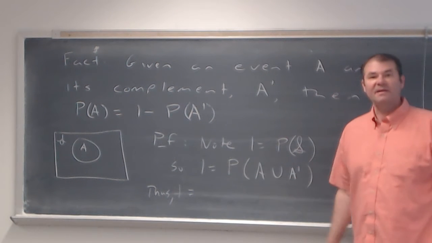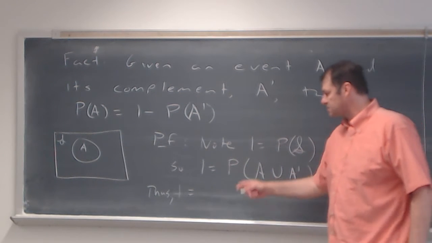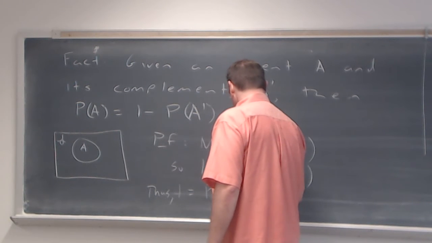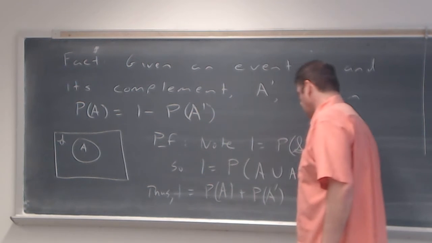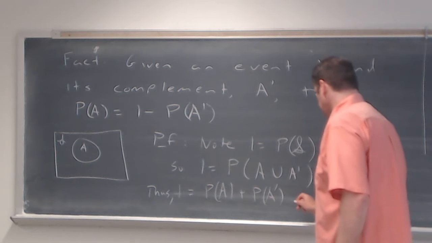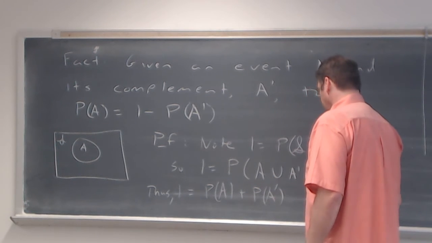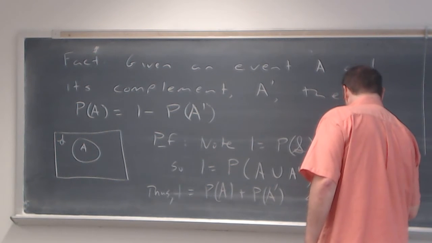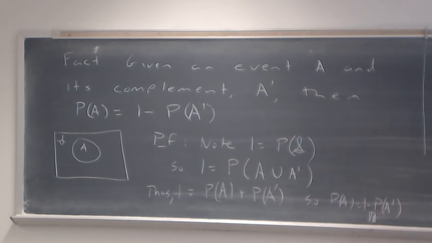The definitional fact about probability says if you union up mutually exclusive events and take their probability, that's the same as the sum of the probabilities of each event. So if I solve for the probability of A, I just subtract the probability of A complement. We have the probability of A is equal to 1 minus the probability of A complement. And that proves the fact. I put a little box there to indicate the end of the proof.